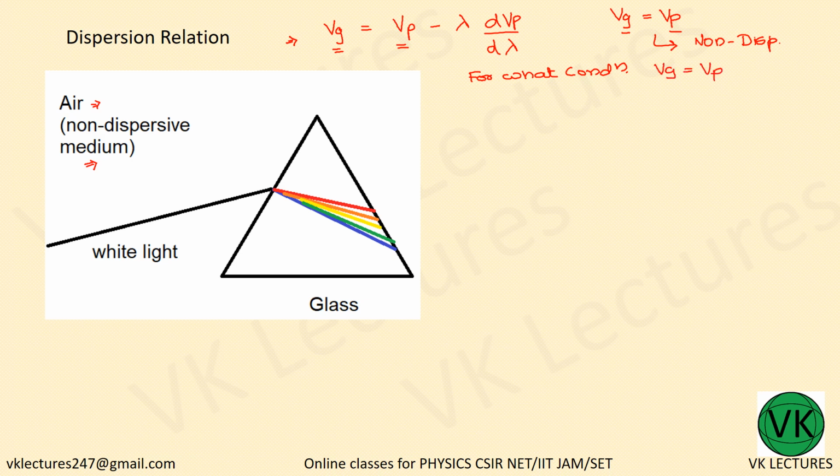From equation number 1, if dVp by d lambda equal to 0, then you can have this particular condition of non-dispersion. Which means Vp should not be a function of lambda, right?